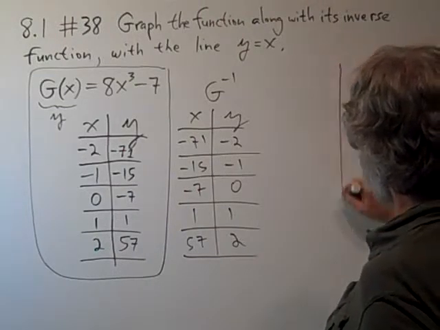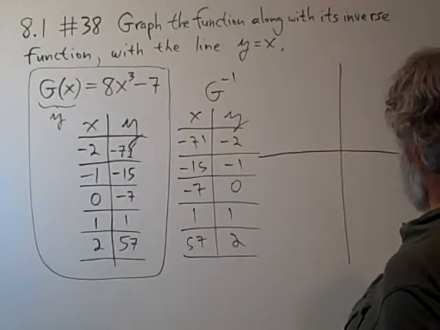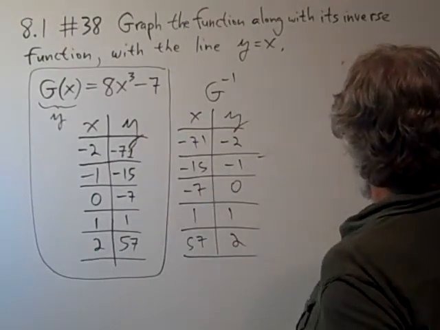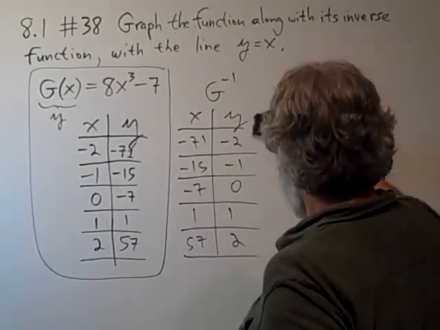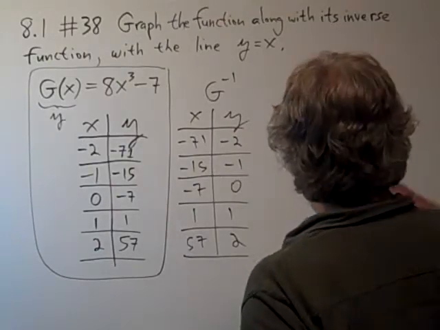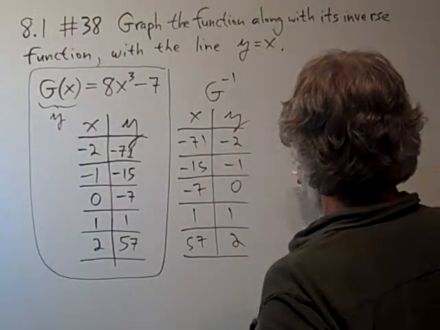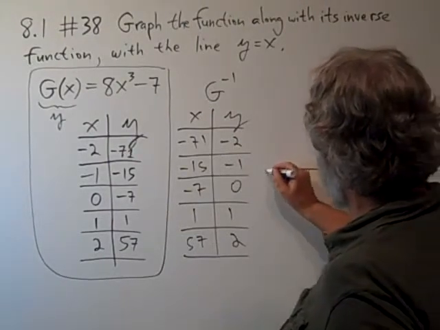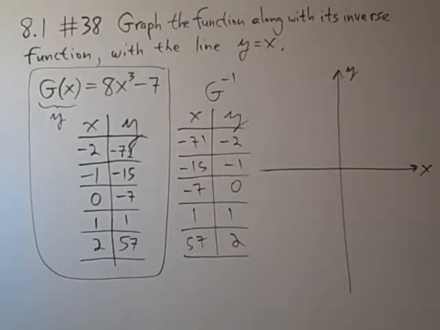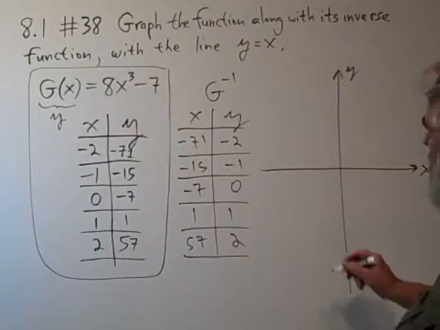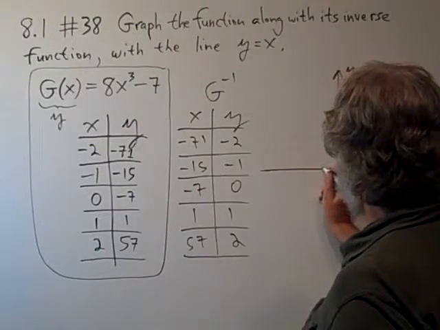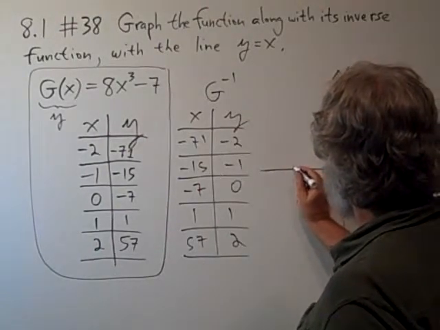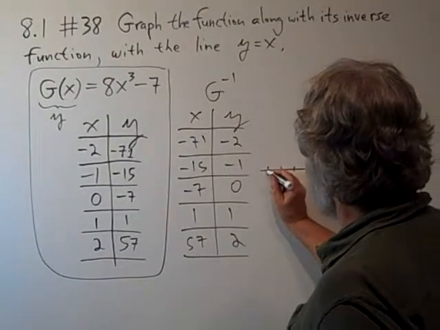So let's try to graph the two functions. This is going to be tricky. Well, tricky to find the right exact points on this whiteboard, but anyway, the two extremes, we have to go down to -71. So let's make this 10, 20, 30, 40, 50.